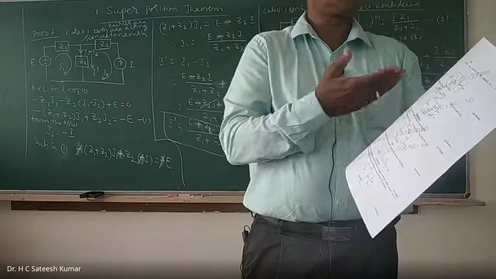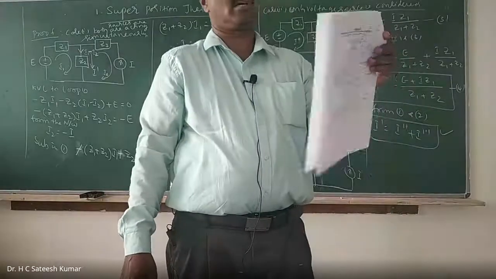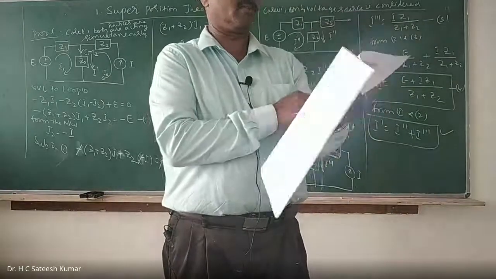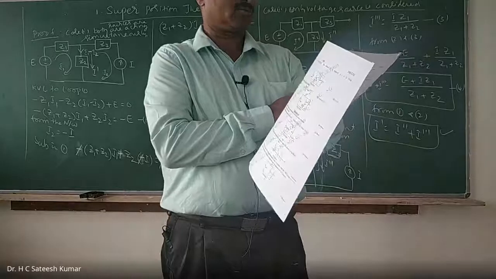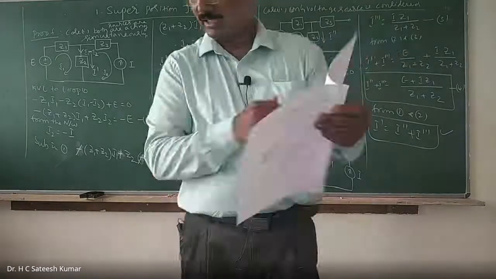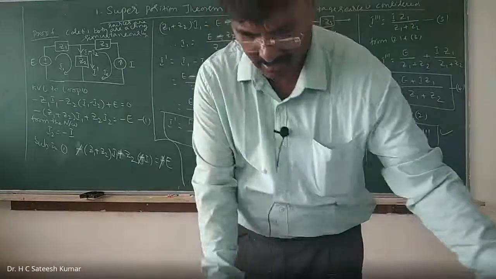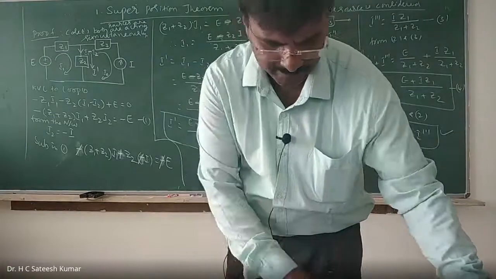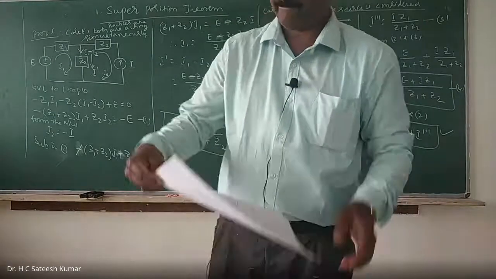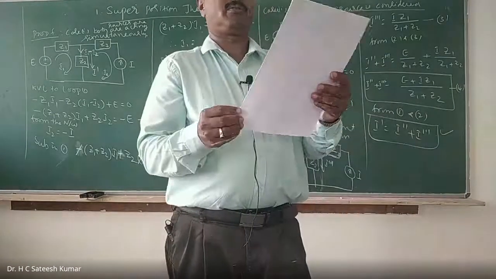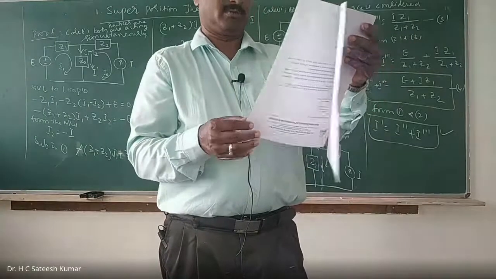Yes, there is a problem in the examination in August, September 2020 itself for 10 marks. Okay, right? Even in the other paper, you can check it out. January, February 2020.